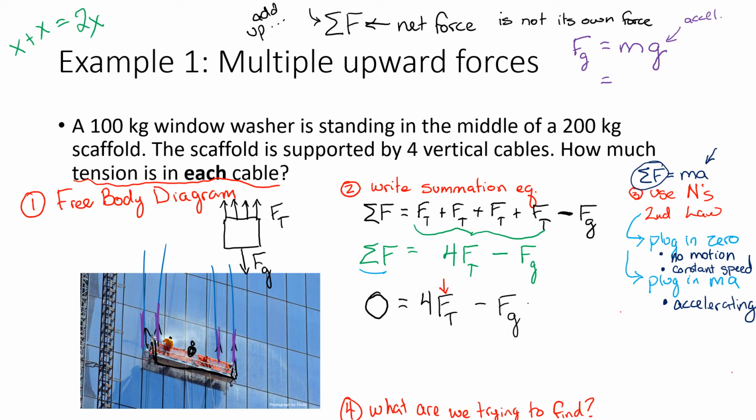So there is somebody sitting in the scaffold, so we need a mass of 300, the man's mass plus the mass of the scaffold. And 9.81 is our acceleration caused by gravity.